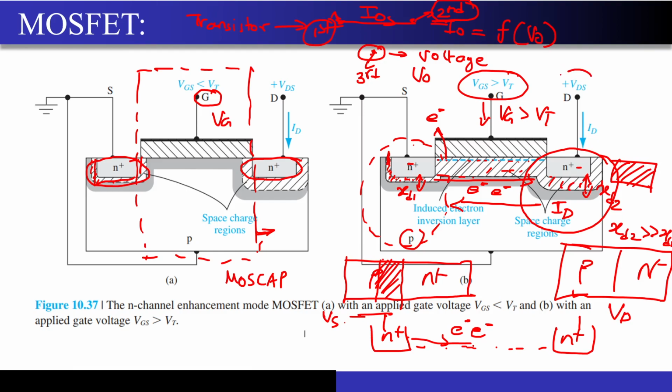Now what I have written over here is nothing but the plus VDS. That means I am applying a positive voltage on the N plus side. So the moment I am applying a positive voltage on the N type semiconductor, this is nothing but the condition of reverse bias for the PN junction, and that's why you can see the depletion region will increase, because this PN junction is now under heavy reverse bias, right?